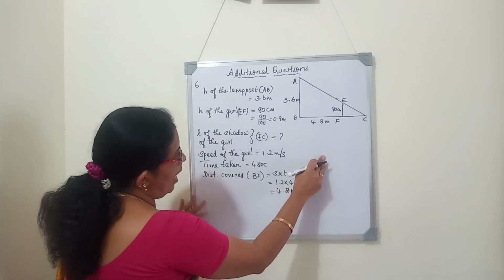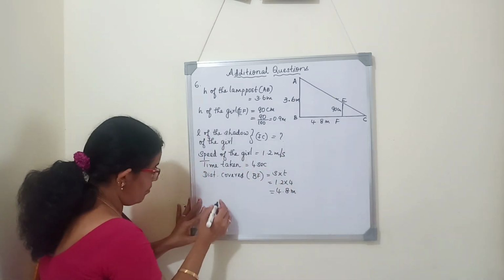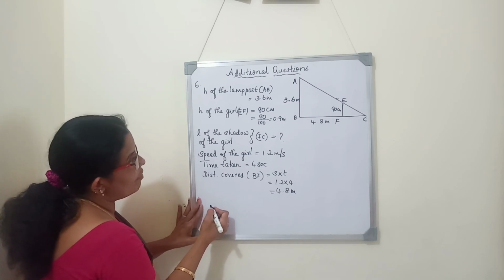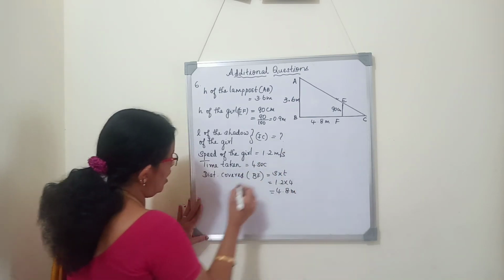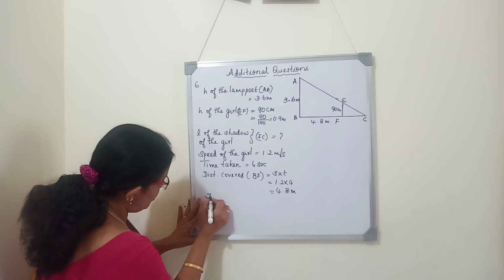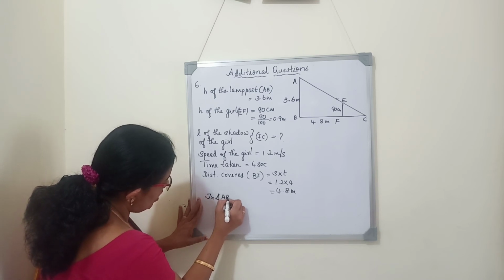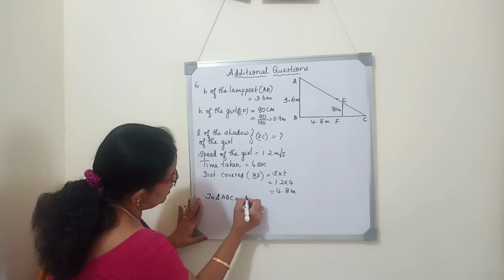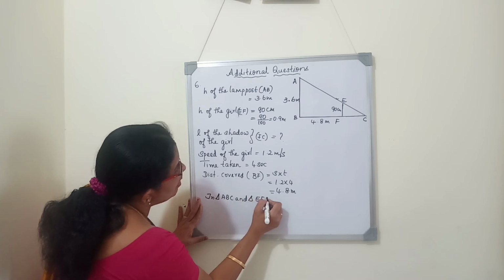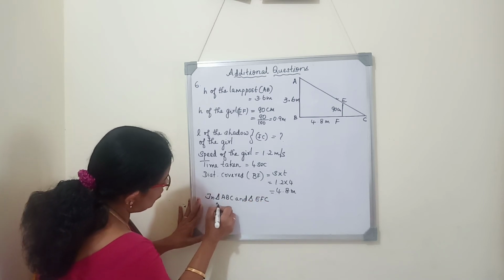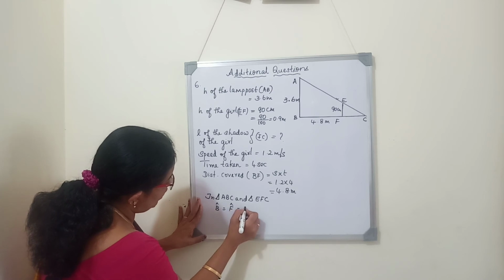Now we have two triangles. We will apply the similarity criteria and find the value of FC. So in triangle ABC and triangle EFC, angle B is equal to angle F, 90 degree.